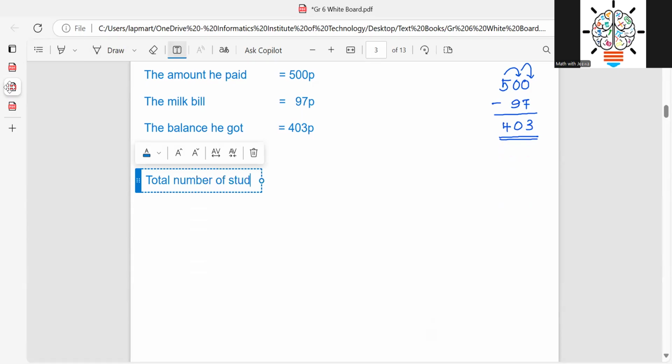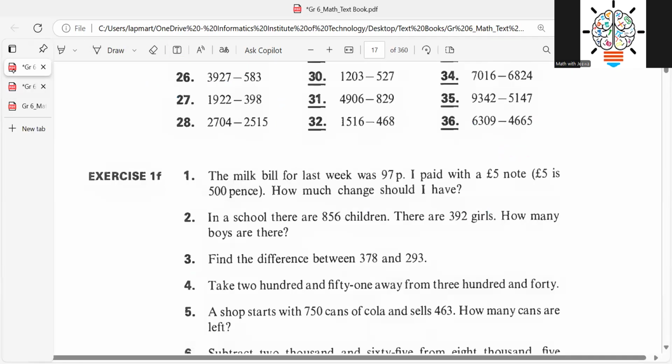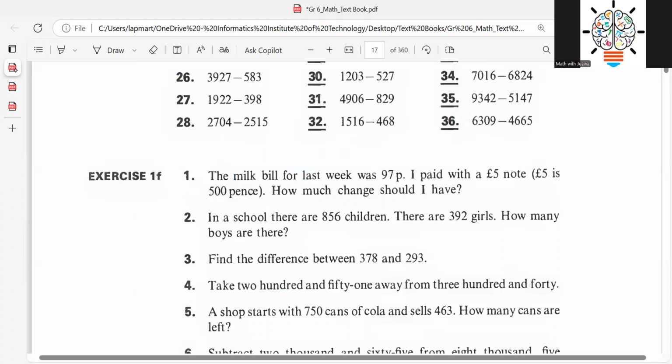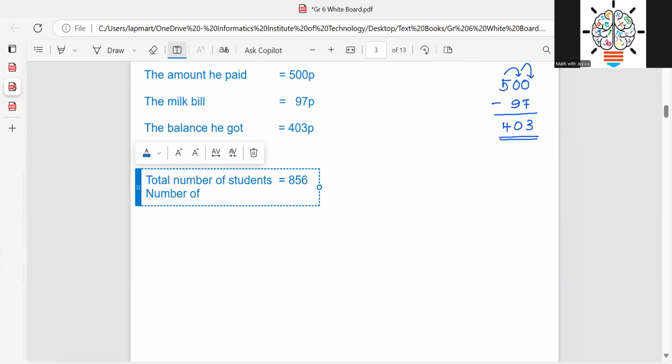Number of students. What's the total number of students? It is 856. Number of girls, 392.